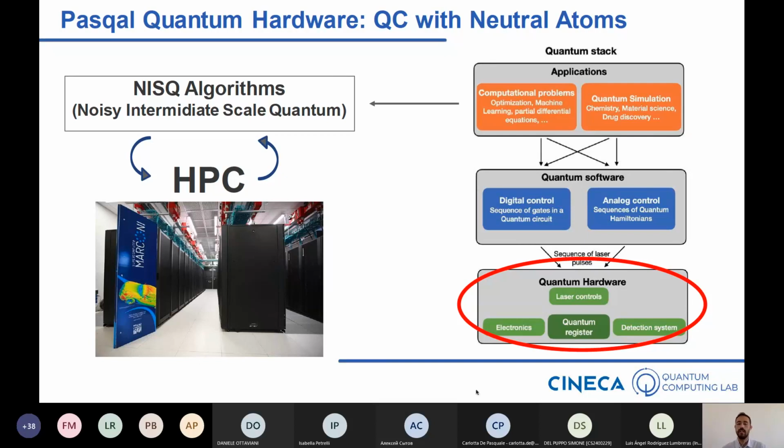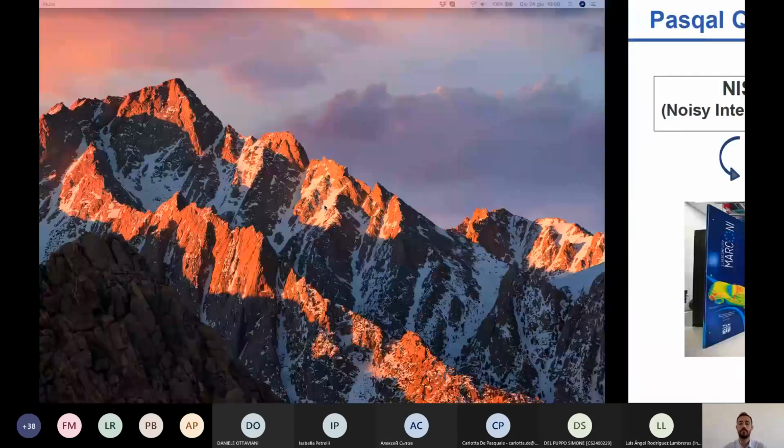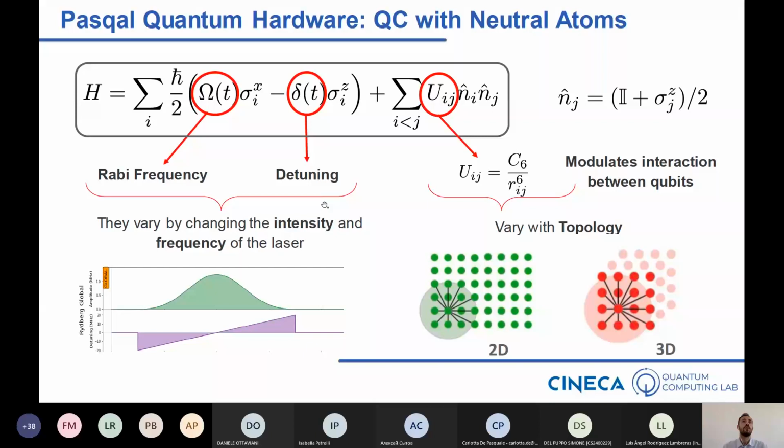You mean this? Yes, this delta. Sigma is exactly the sigma x, sigma z, the Pauli matrices.